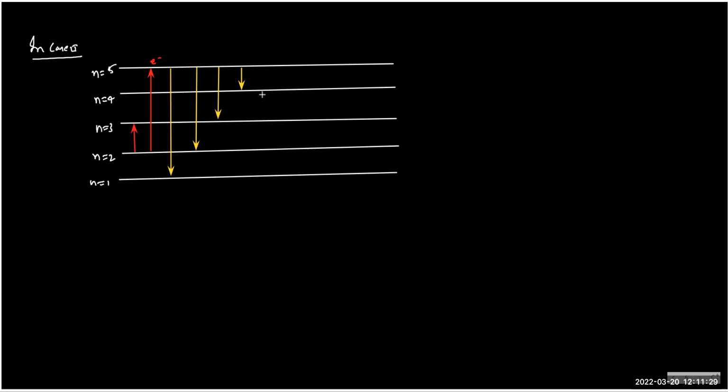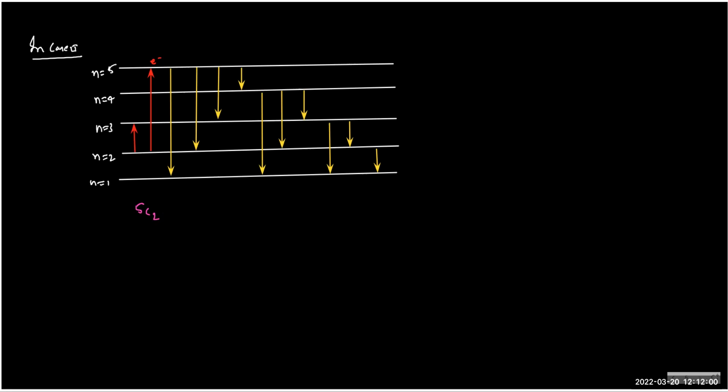So then we can go from the second here to here, here to here. Then go one more step down, and this is also possible. This is possible, and then go one step down. So these are the possible transitions. Count the values. I think 10 should be there. 1, 2, 3, 4, 5, 6, 7, 8, and 10. Yeah. So you can see that we have 10 possible transitions, which is also given by 5C2.